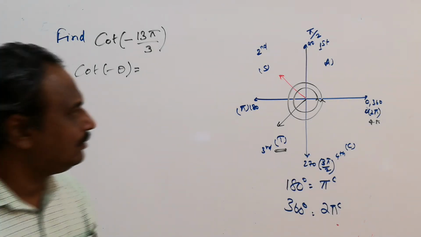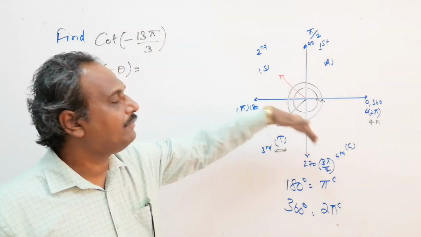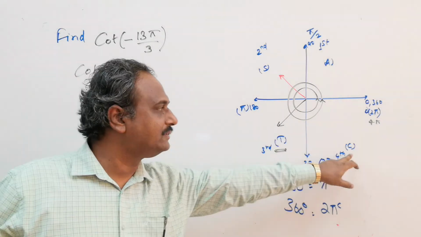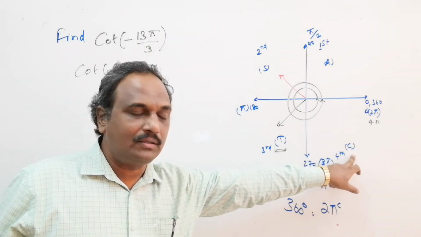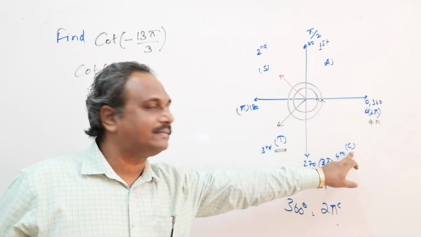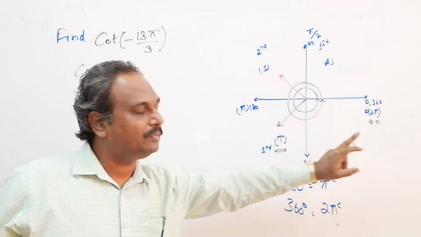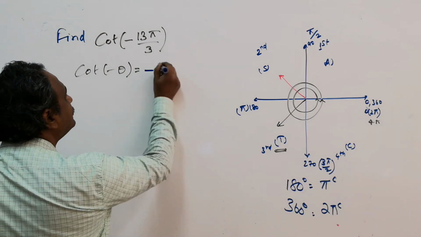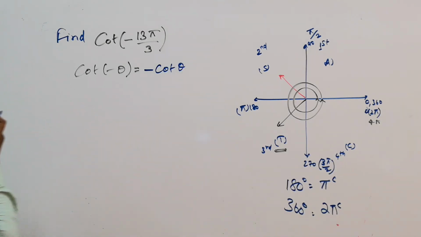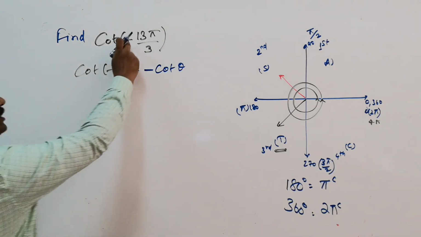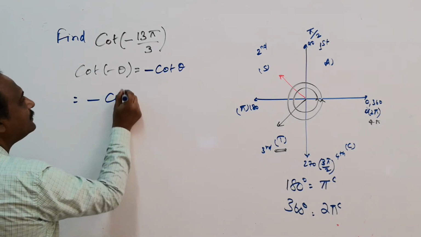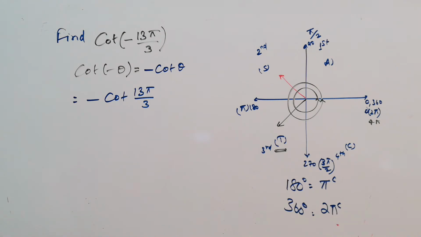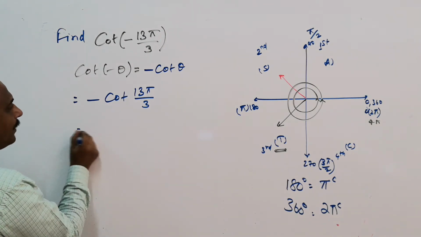The minus will be on the bottom line. Here we are going to consider cos and secant because the values are in the fourth quadrant. In the fourth quadrant, cos and secant are positive. So cot of minus theta will be minus cot theta. So first I am going to take out this minus. So this will become minus cot 13 pi by 3.